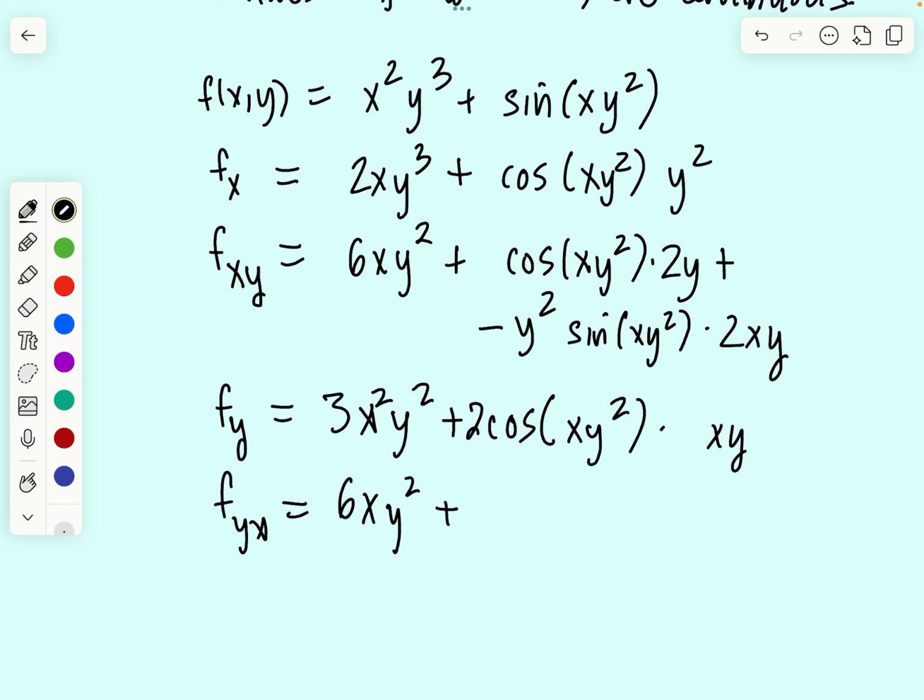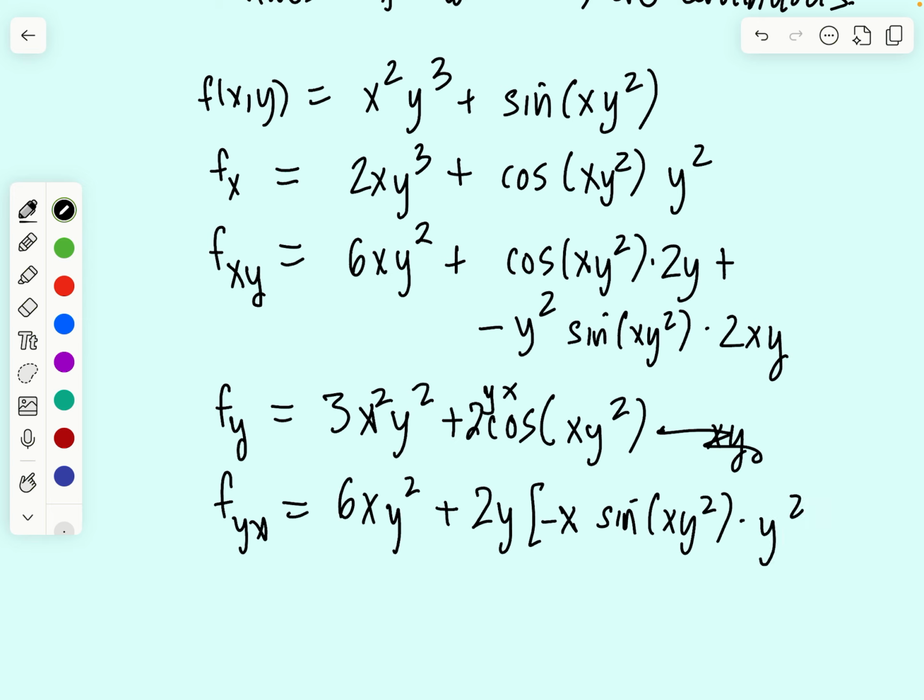So plus, okay, let's move the y out in front. So I'm going to get 2y times x times negative sine x y squared times y squared plus cosine x y squared. Right? And yeah, you do in fact get that these are the same.